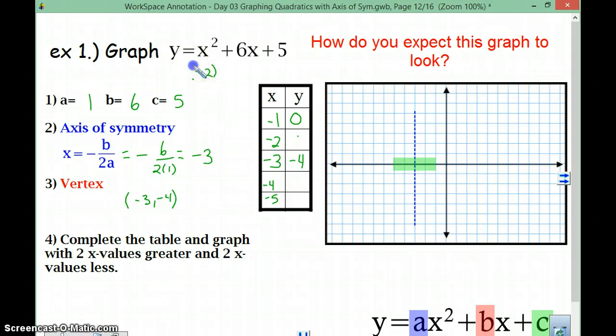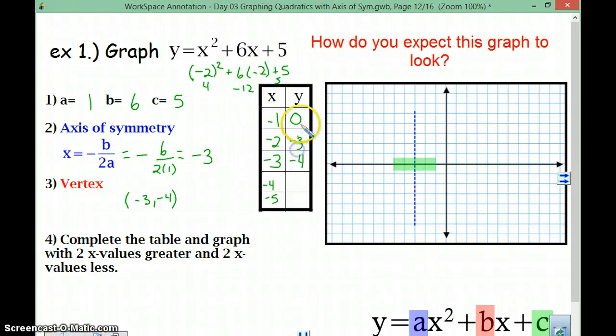Negative 2 squared plus 6 times negative 2 plus 5. Negative 2 squared, that's 4, minus 12 plus 5. I've got 9 positives and 12 negatives.